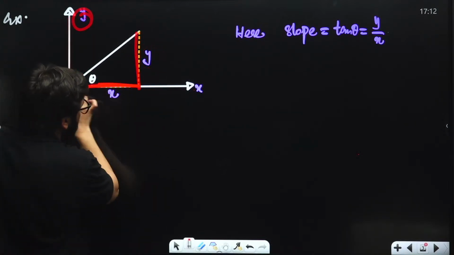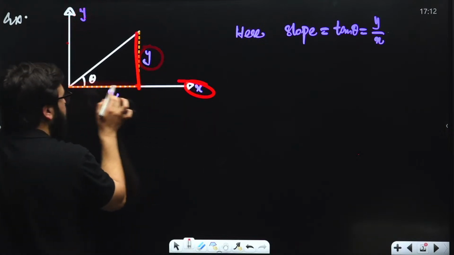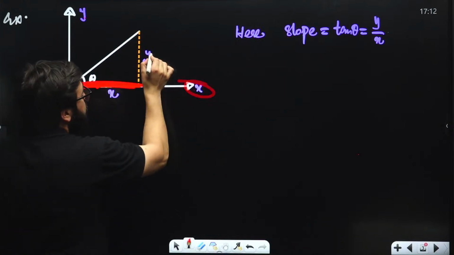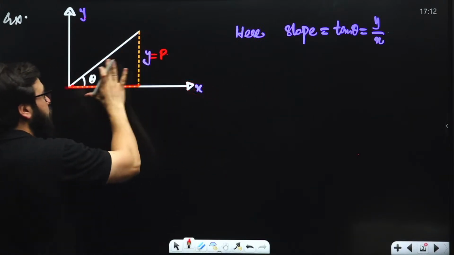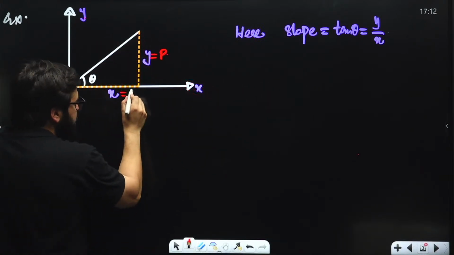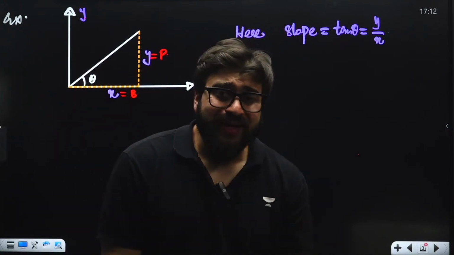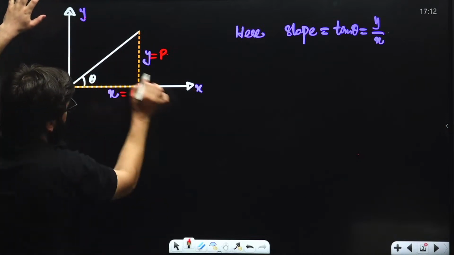And here on this axis we have x, so I call this x. So can I say in this graph this y is the perpendicular of this triangle and this x is the base?